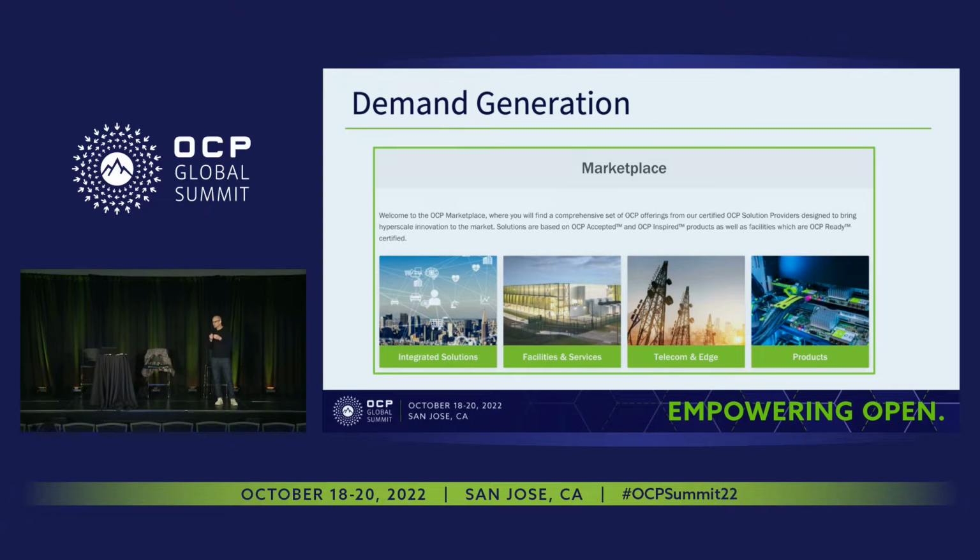If I'm providing a service that enables OCP technology, maybe some heat reuse or some consultative SI integration services, ITAD, recycle services, that could be applicable here. Telecom and Edge, a dedicated section because Telecom and Edge are fast adopters of open hardware. And lastly, products, essentially the product catalog, everything that comes through.